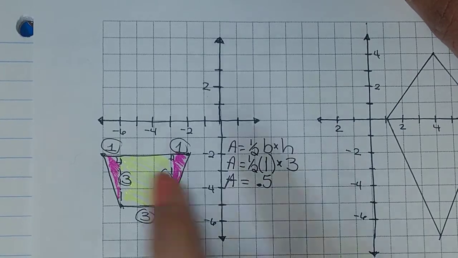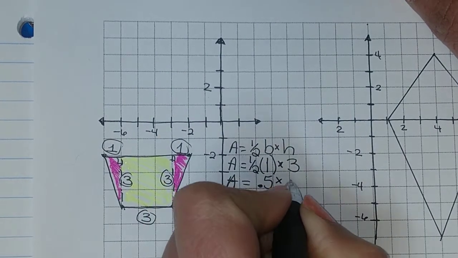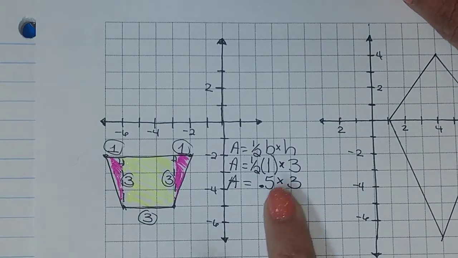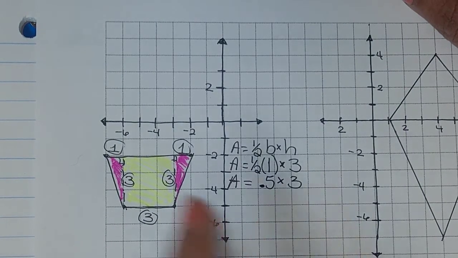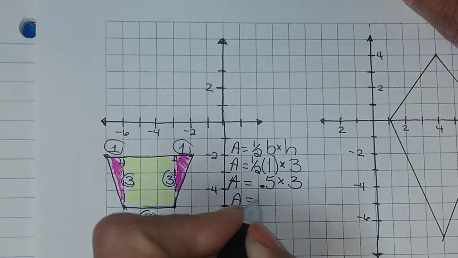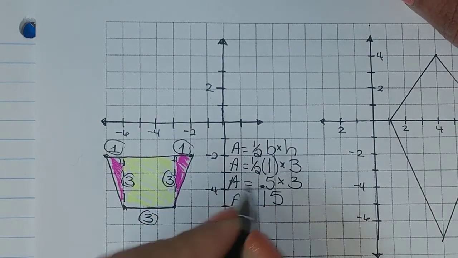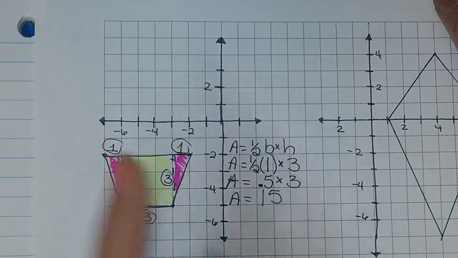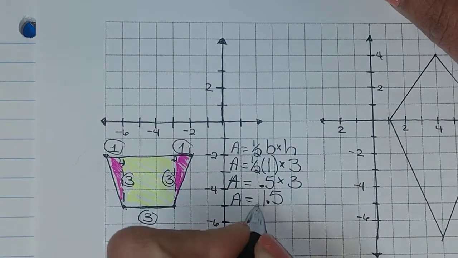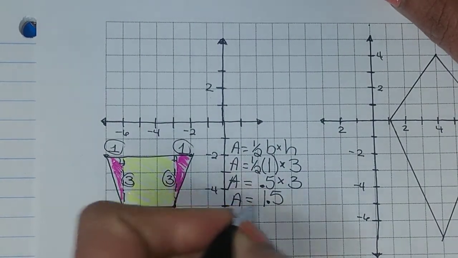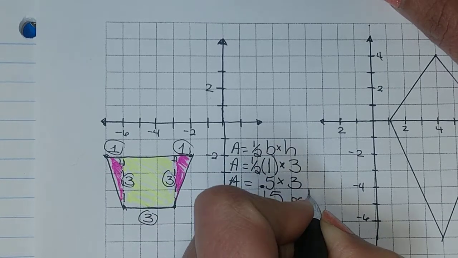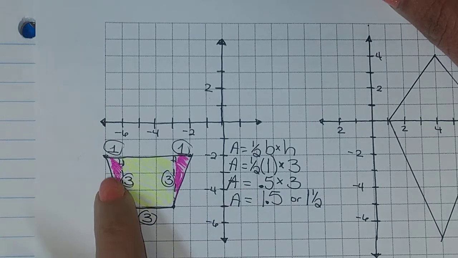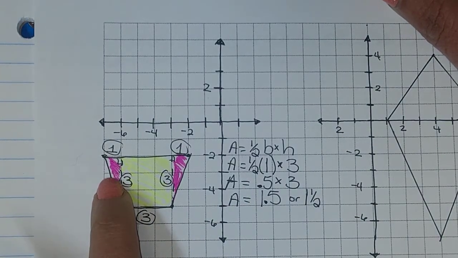I'm going to use a decimal. Now to make things easier, I'm going to multiply 5 times 3 to get 15. However, my final answer is not 15 because I have a decimal point. I need to move it over 1. So it's 1.5 or 1 1/2. That's the area for one triangle.